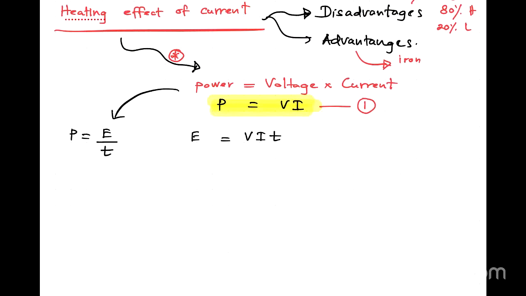Energy over time. I don't think I want to write it, so just remember it, okay? Power equals energy over time. Then you can apply this equation and get the second equation, right? These are the equations that you need to remember.